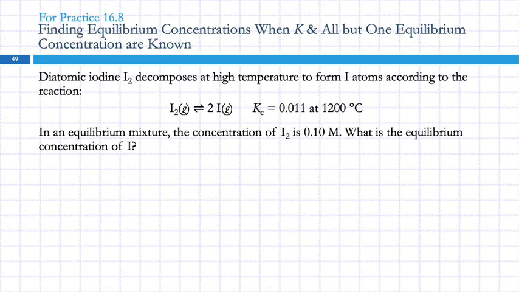So we are going to write the equilibrium expression. So we've got concentrations here. So this is Kc. And that's going to be the concentration of the products divided by the concentration of the reactants.